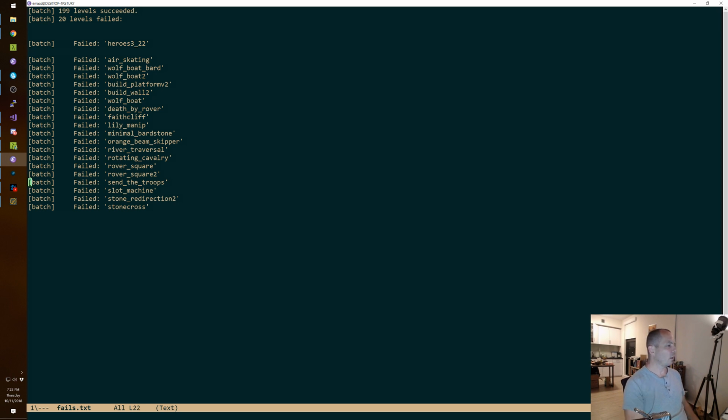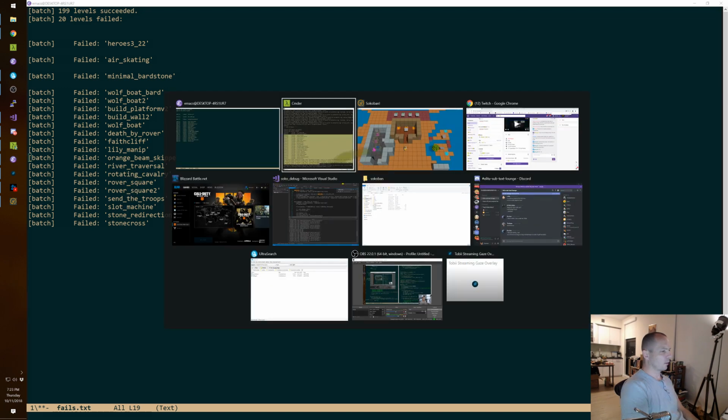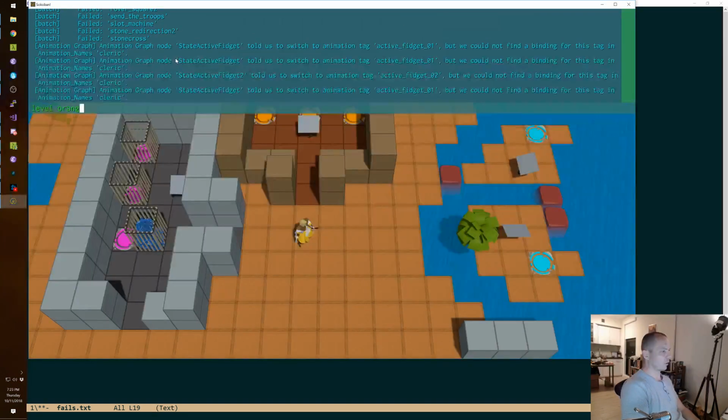And then these all fail for unknown reasons, but which I think are almost completely timing, except air skating I'm not sure about. Minimal bardstone, I don't remember what that is. What's orange beam skipper?